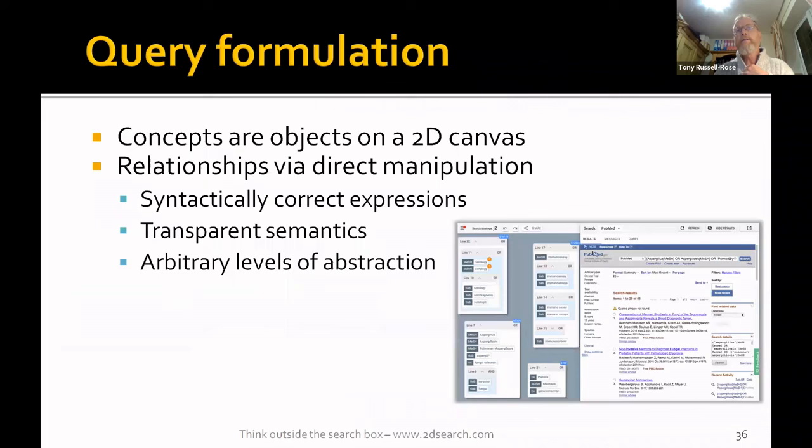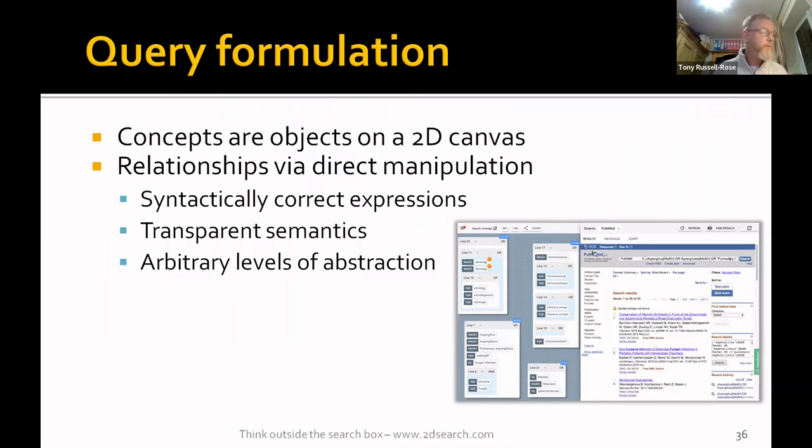So the work that we've done, we've produced an app where you visualize search strategies on a canvas. You can either build them from scratch, or you can parse an existing query string and it'll build it on the canvas. And straight away that conveys some advantages, that you don't have to worry about dropping brackets anymore. You only create syntactically correct expressions.